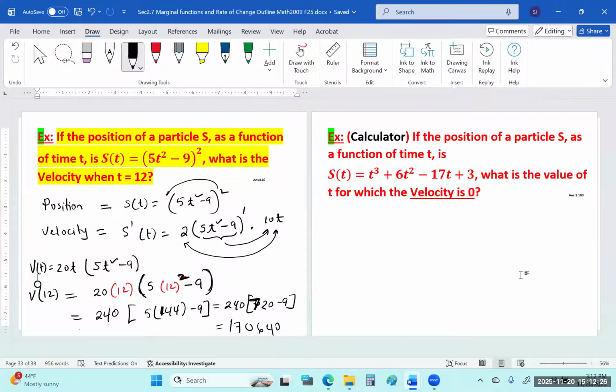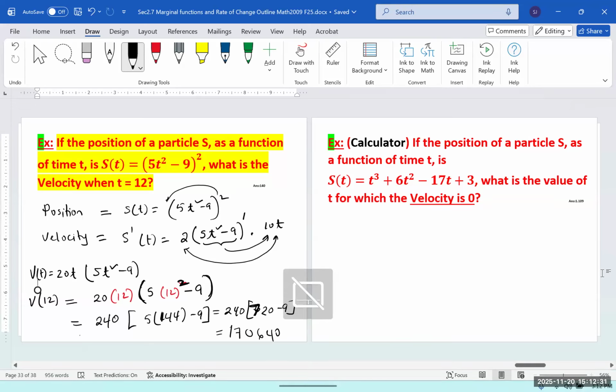So what's the velocity? What's the velocity in terms of position derivative?